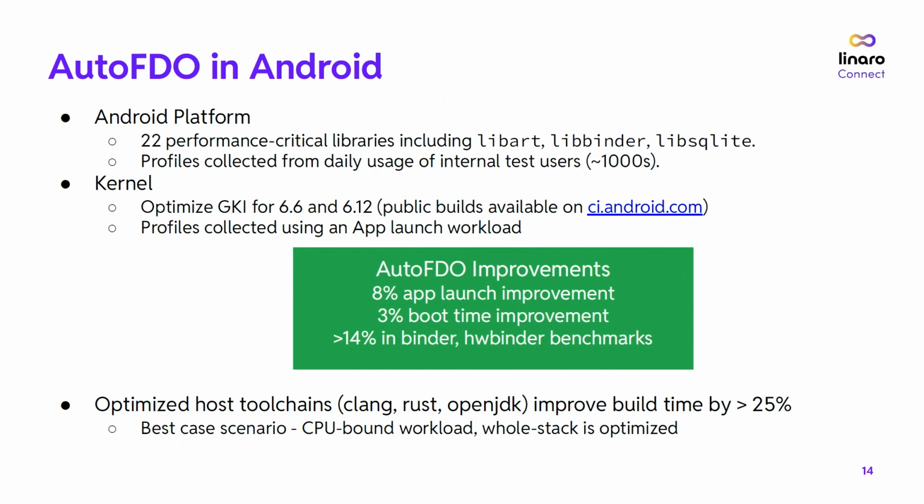We have native apps. We have the rest of the libraries in the platform. We have kernel modules. We have vendor libraries, and so one of our goals for the next few years has been to enable AutoFDO in as many places as possible so we can get close to the 25% benchmark.